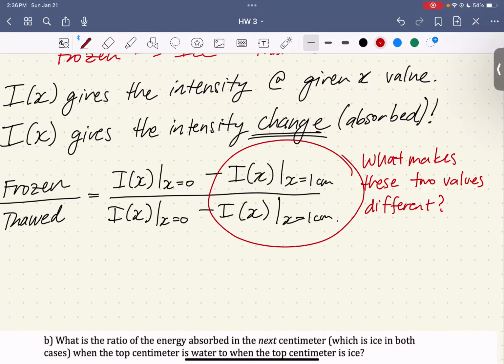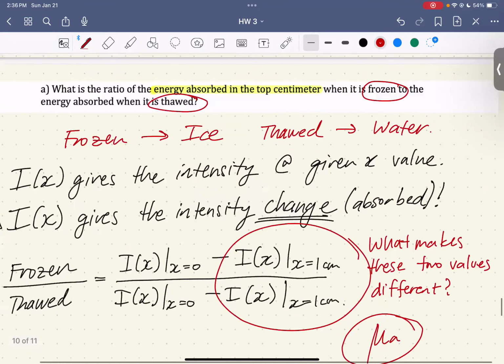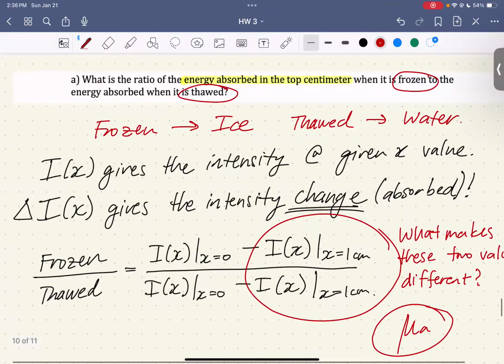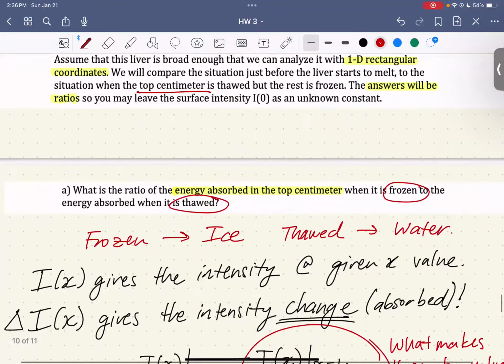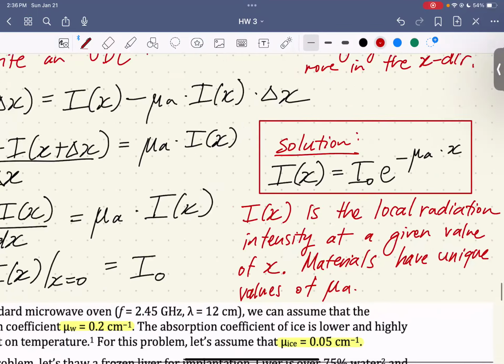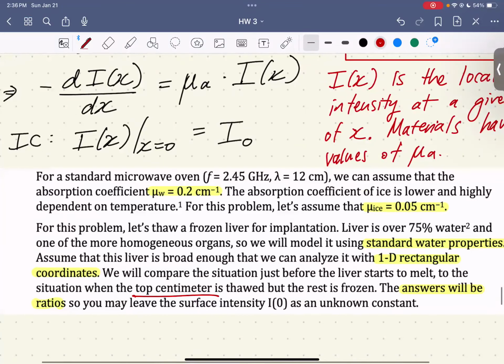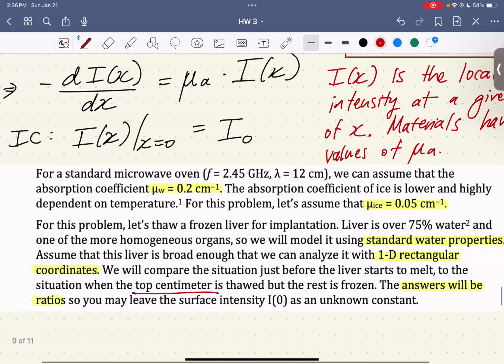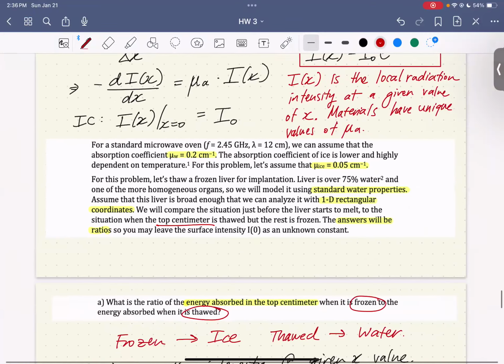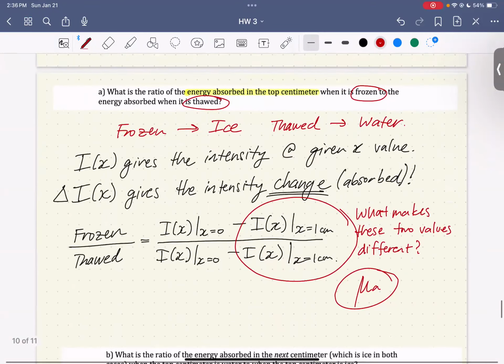And if you have the answer, it's going to be mu of A, because one's frozen and one's thawed. One is ice and one is water. And remember, we said up here, materials have unique values of mu of A, and we're also given different values of mu of A here. So just keep that in mind that it's not going to be the same. So we're getting an actual ratio here, okay?